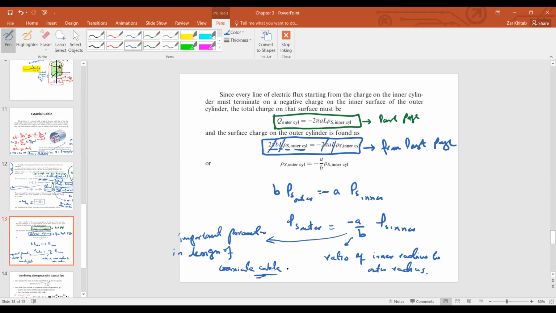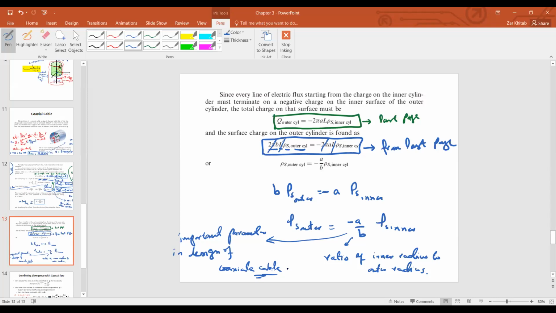Whenever you design, later on we'll see the full design equations of the coaxial cable. Later on we'll design the coaxial cable for specific design parameters, and we will be using this ratio A to B. This ratio plays an important role.